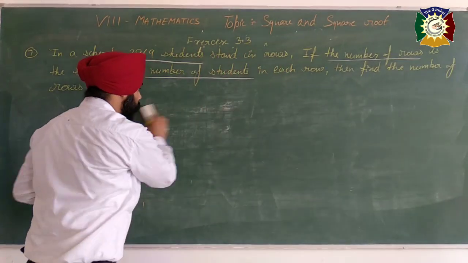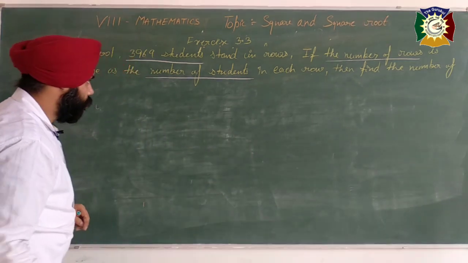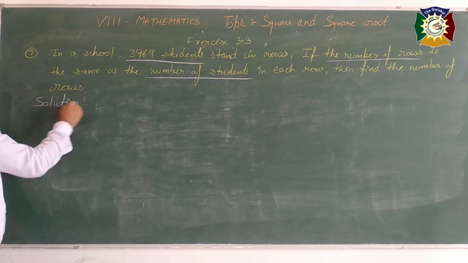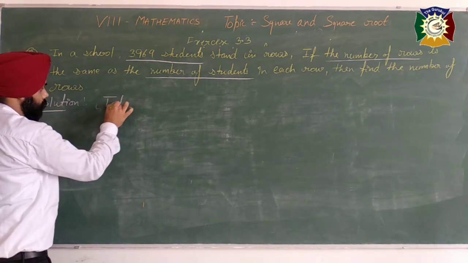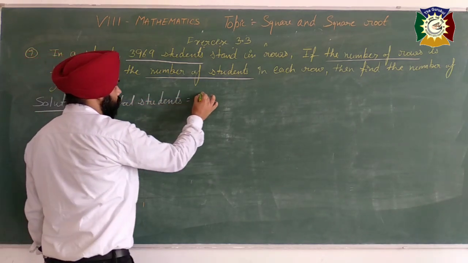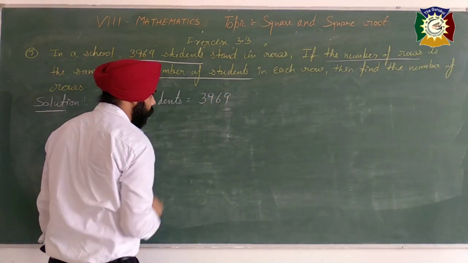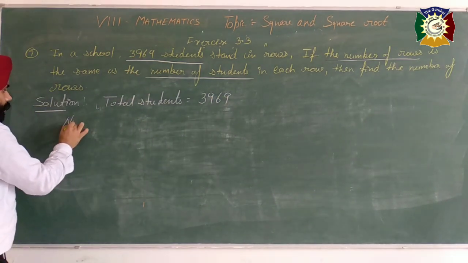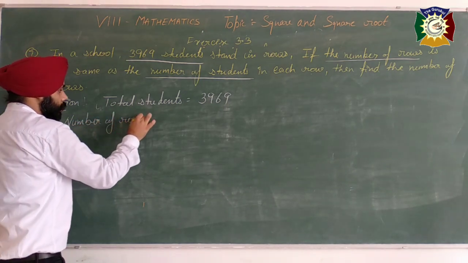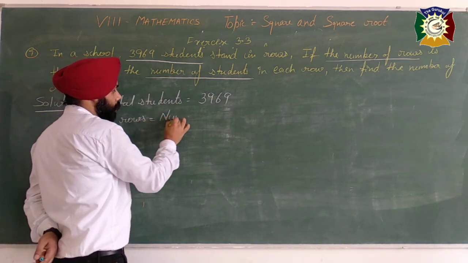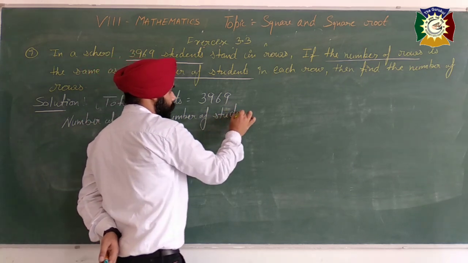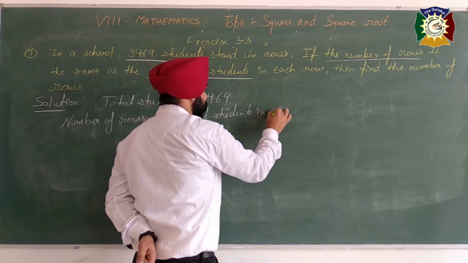So for finding this we have to find the number of rows. So first of all, what is given here: total students is equal to 3,969, and it is given number of rows equal to number of students in each row.